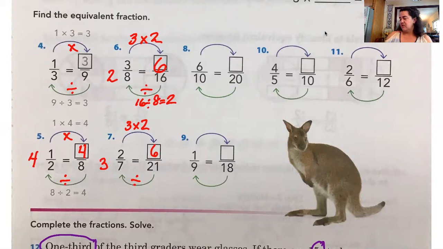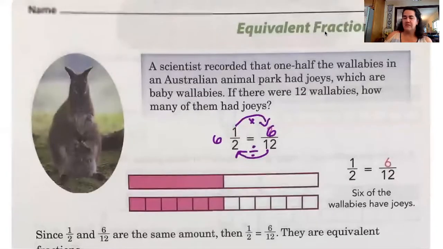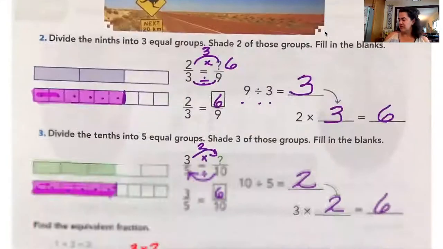Alrighty, my friends. 20 divided by 10 is 2. 2 times 6 is 12. 18 divided by 9 is 2. 2 times 1 is 2. Okay, so just remember when we go the backwards C, we divide, then we multiply in order to get our answer. And this works when we're dealing with equivalent fractions.